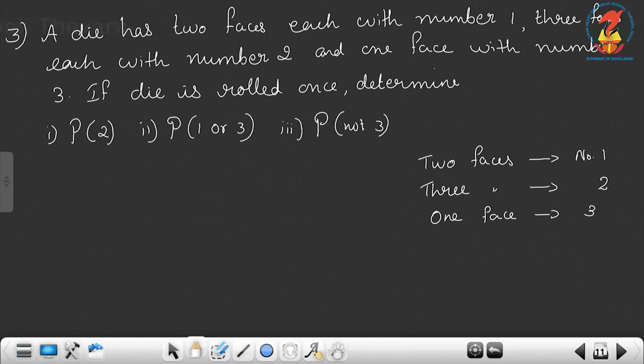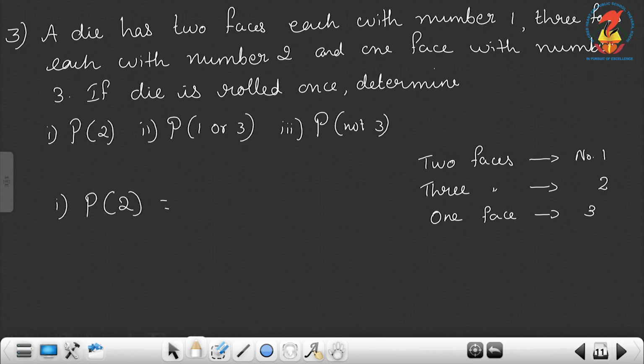Now the next one. A die has 2 faces, each with the number 1, 3 faces each with the number 2 and 1 face with the number 3. A die means 6 faces. In that, 2 faces have number 1, 3 faces number 2 and 1 face the number 3. If the die is rolled once, determine P of 2. 2 means the number 2.